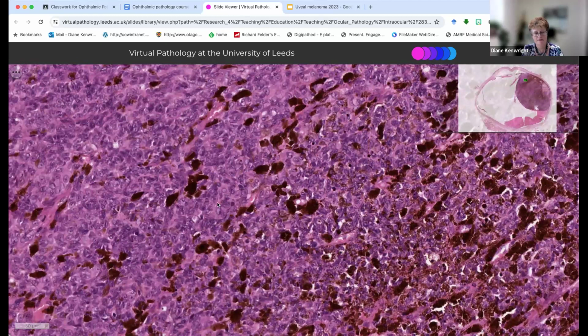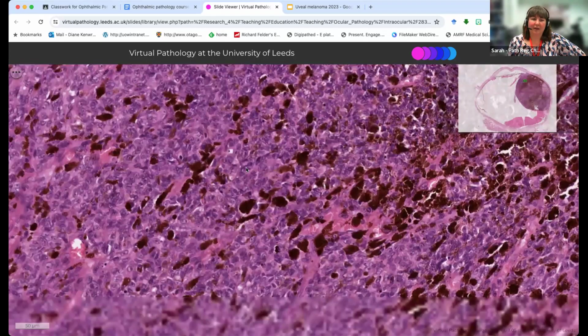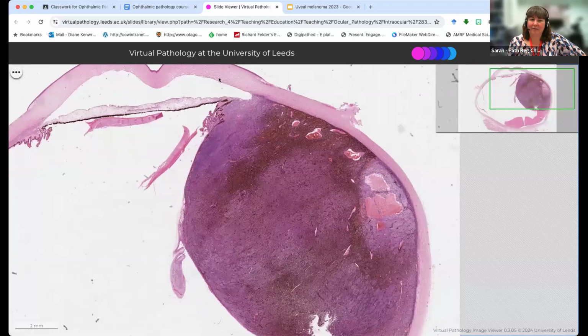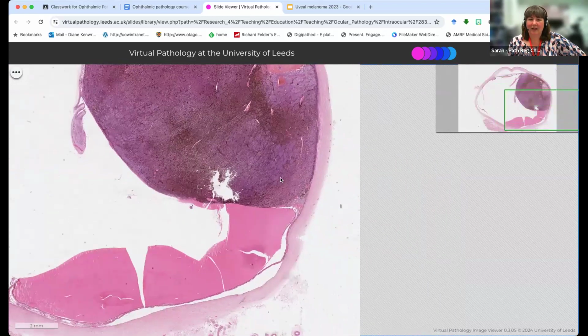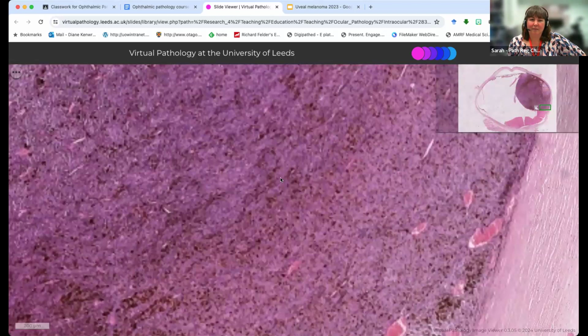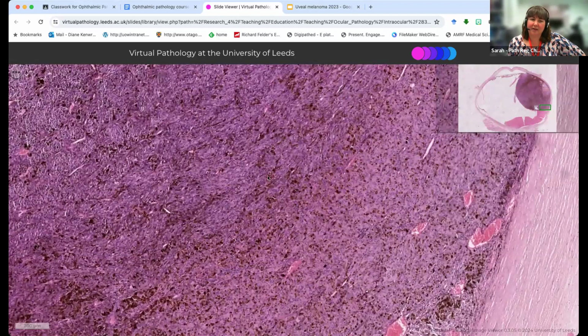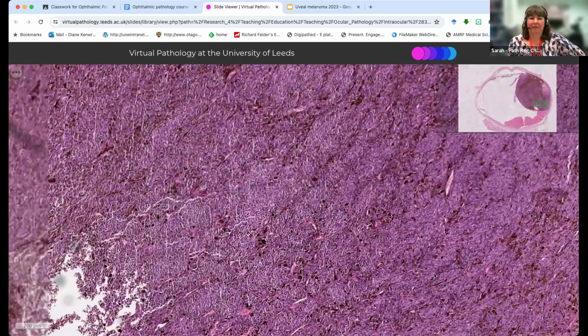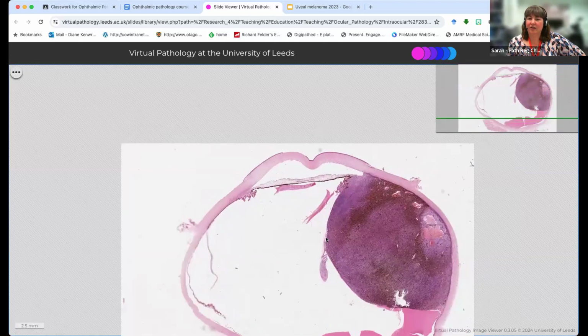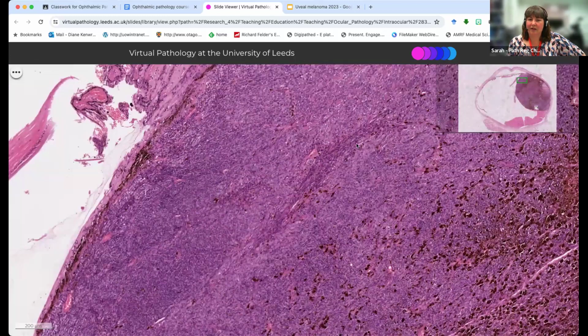Diane, I think there was an area where there were some spindled cells that weren't lesional, and I think they were just little blood vessels or something else. I think you were closer in before, further towards the ciliary body. I think they were just a big stretched out thin blood vessel, and I just wanted to make sure that everyone was clear on what was a lesional spindle cell versus a non-lesional spindle cell.